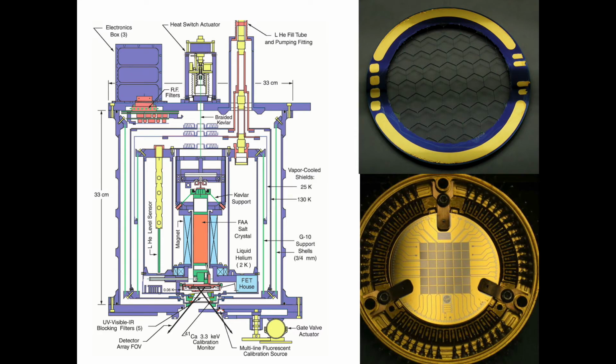These microcalorimeters are able to measure the spectrum in a rather simple way. They absorb X-rays, but they're at very low temperature and have a very low heat capacity, so that a single X-ray can create a temperature pulse that can then be converted into a measured energy. And with that, you can create a spectrum.